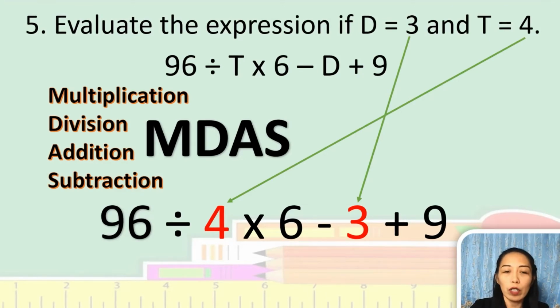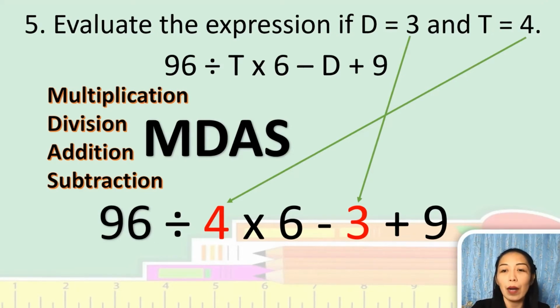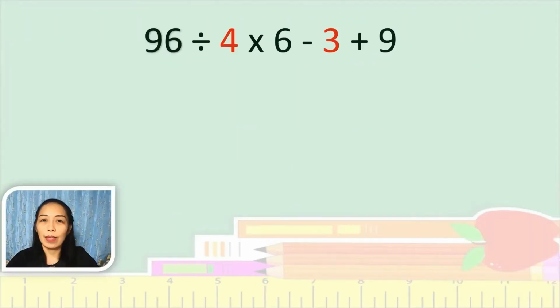So we're going to read that again: 96 divided by 4, which is t, times 6 minus 3, which is d, plus 9. So how are we going to solve this? Let's solve 96 divided by 4 times 6 minus 3 plus 9 using MDAS.